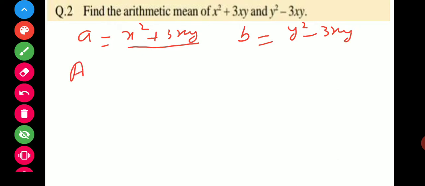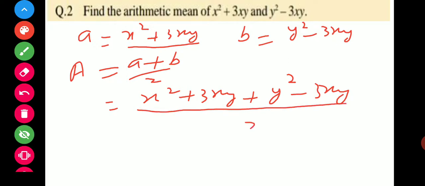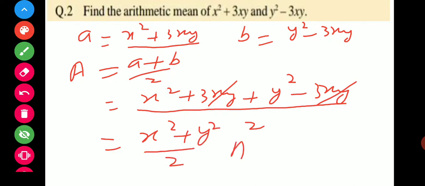The arithmetic mean formula is (A plus B) divided by 2. So A is x square plus 3xy, B is y square minus 3xy, divided by 2. The 3xy terms cancel out each other, so we get (x square plus y square) divided by 2. That is your answer.